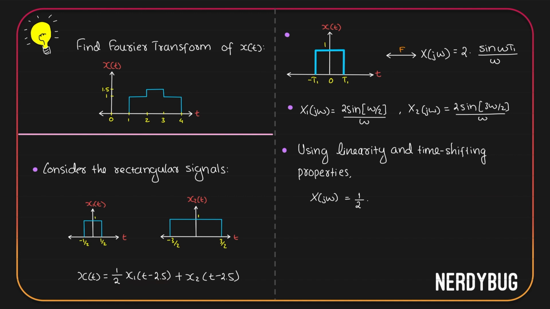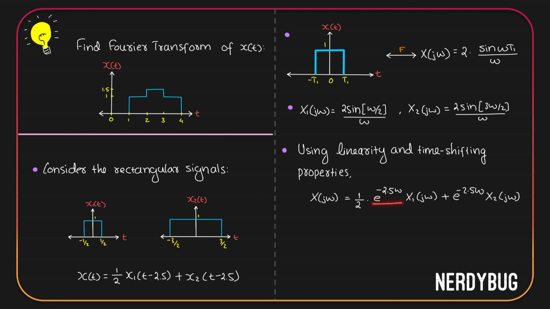So half into the Fourier transform of x1 of t minus 2.5, using the time shifting property, will be e raised to minus 2.5 j omega x1 of j omega, plus the Fourier transform of x2 of t minus 2.5 will similarly be e raised to minus 2.5 j omega x2 of j omega.